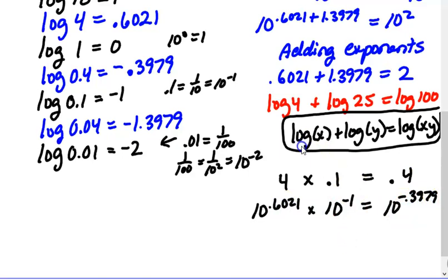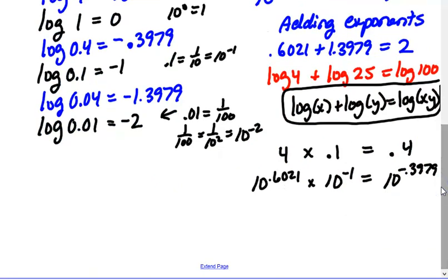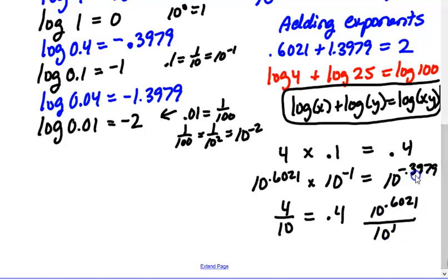It's also true that if I want to divide two numbers, I would subtract the logs, because I could also think of 4 divided by 10 is equal to 0.4. And so I could think of this as 10 to the 0.6021 divided by 10 to the first, and I would subtract the exponents, and I would get 10 to the negative 0.3979.